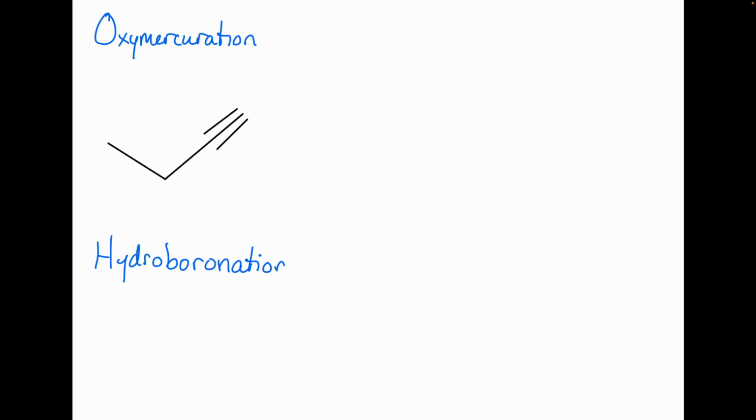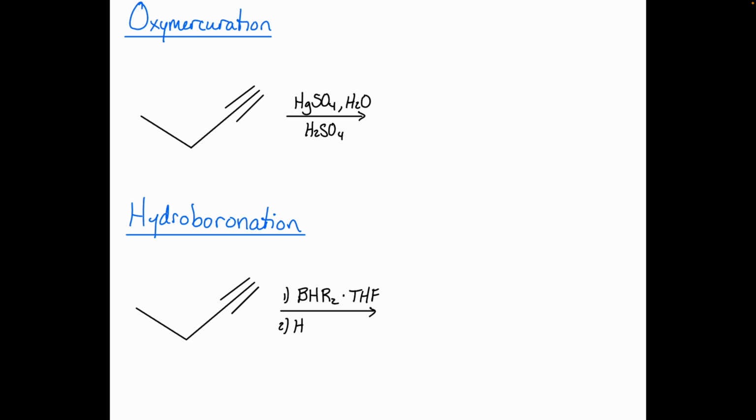And in our hydroboronation reaction, instead of using straight up borane, we use a bulkier version of borane, which has these two alkyl groups on there. And then we have our same second step here with our basic hydrogen peroxide.